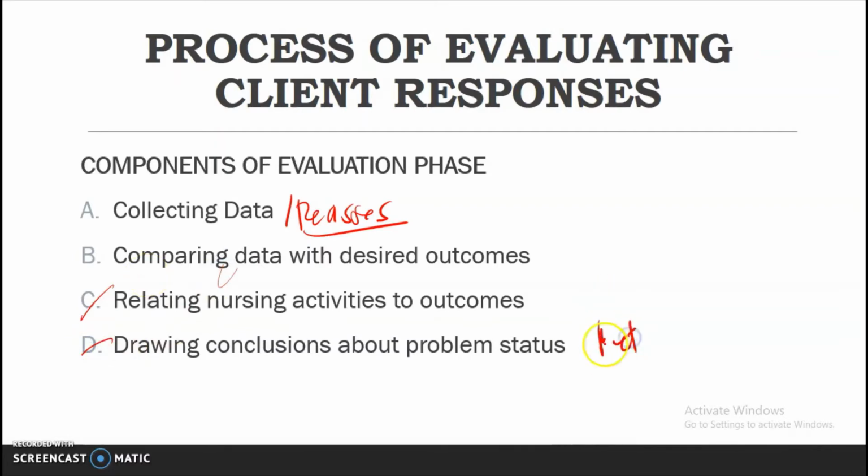Met, if all the desired outcomes or criteria were met. Partially met, kung parts of the data that we have or the desired outcomes that we have set were met but some are not.